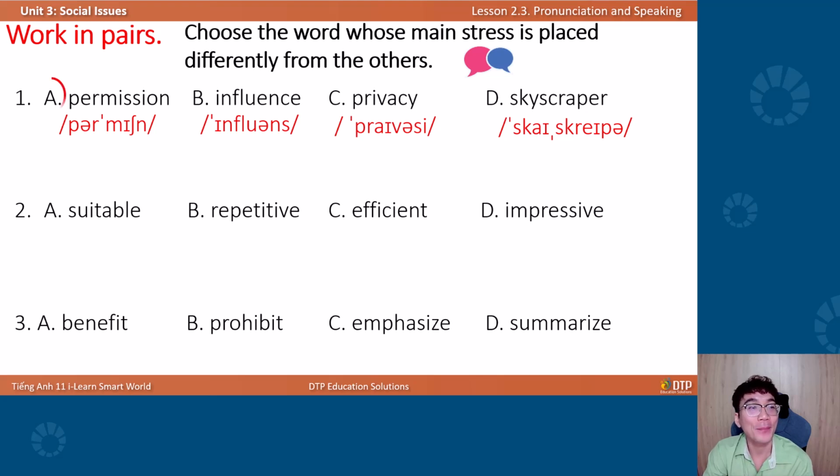Very good. Permission. Now, number 2, please read them to me first. A. Good. B. It's hard, right? C. And D. So what's your choice? You choose A? Are you sure? Or B? Now, let's see the transcription with me first. Okay.